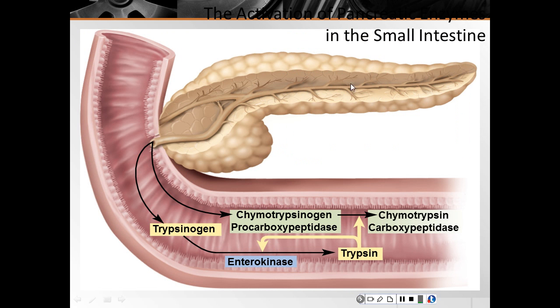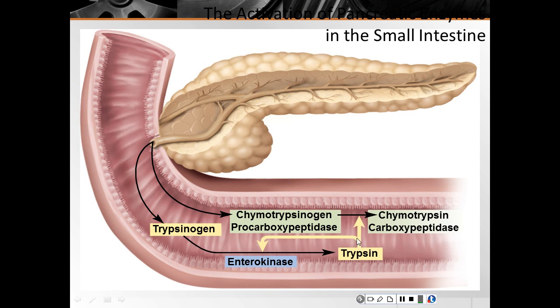Alright, so here's another small diagram to show you what's happening when the trypsinogen is secreted or released into the small intestine, how the trypsinogen is broken down into trypsin with the help of the enterokinase, and how the trypsin comes back around to make more trypsin by converting the trypsinogen into more trypsin.